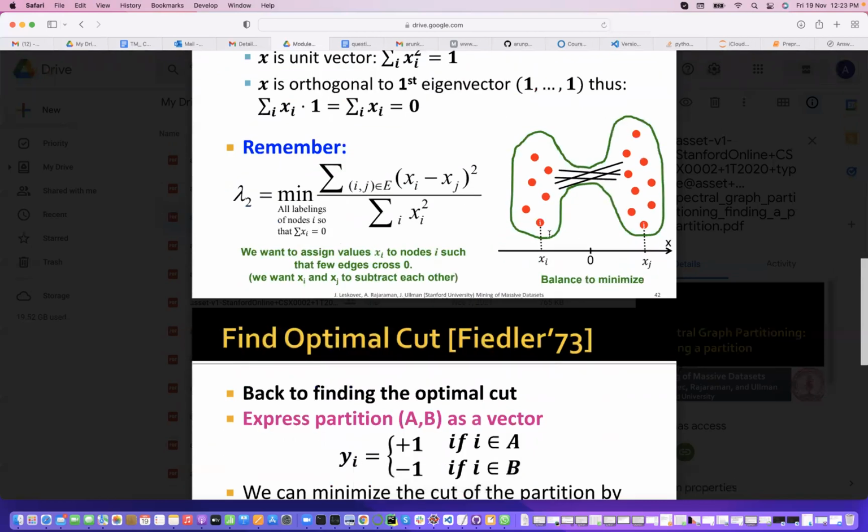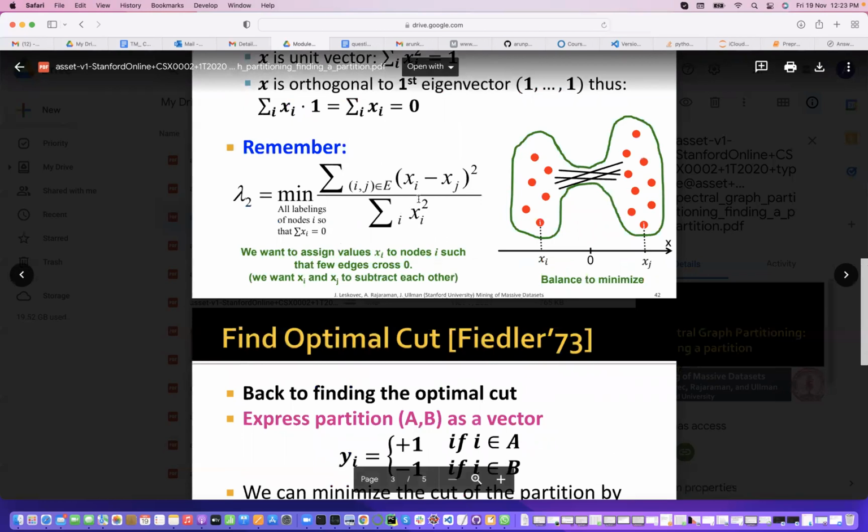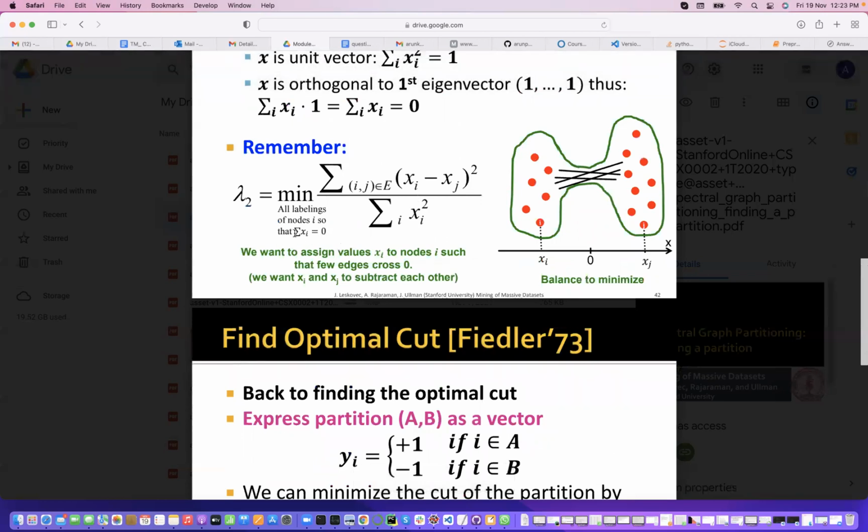So how to get this lambda 2? This is one method. You get all possible assignments of values to the x vector such that sigma xi becomes 0. For all such possibilities, you find which assignment gives the minimum.